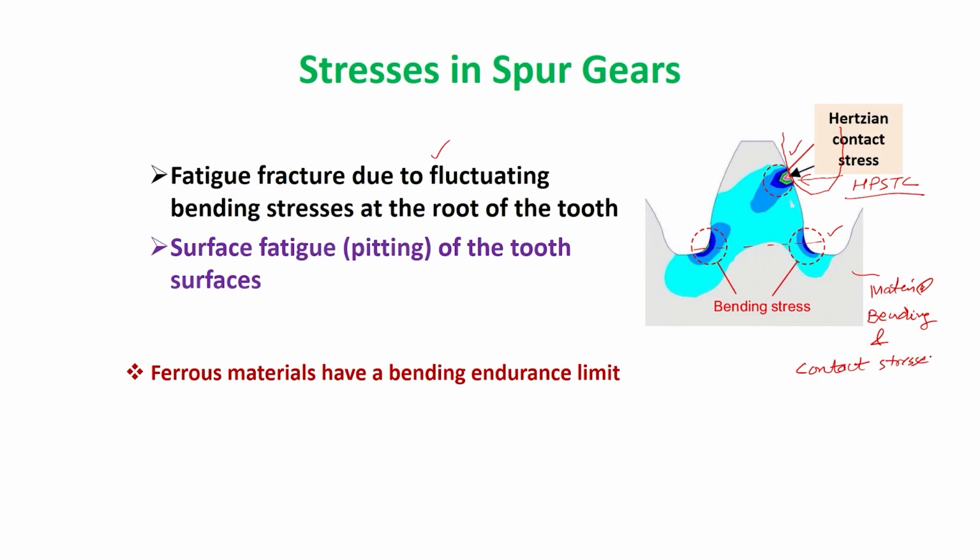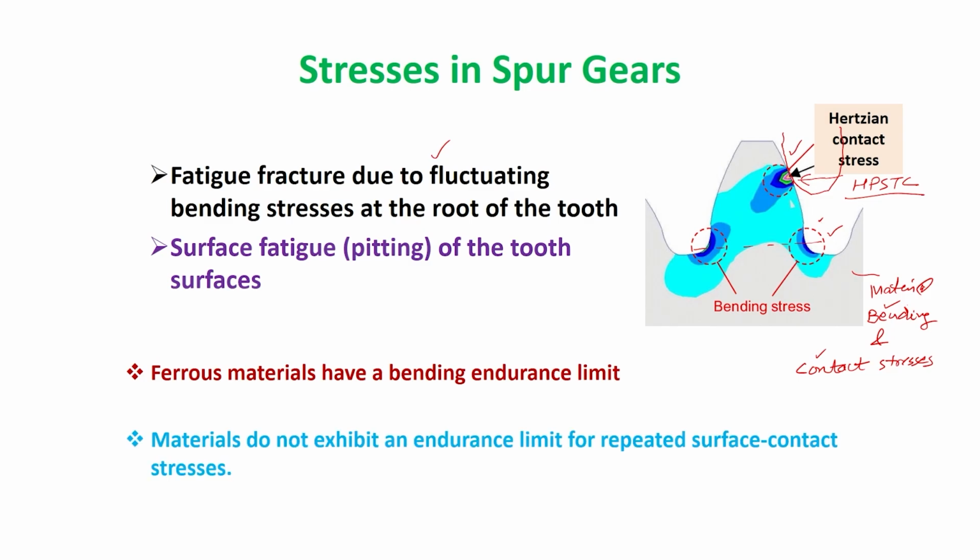The developed stresses will be compared with the bending fatigue strength and the contact strength. Now, ferrous materials have a bending endurance limit. Materials do not exhibit an endurance limit for repeated surface contact stresses.